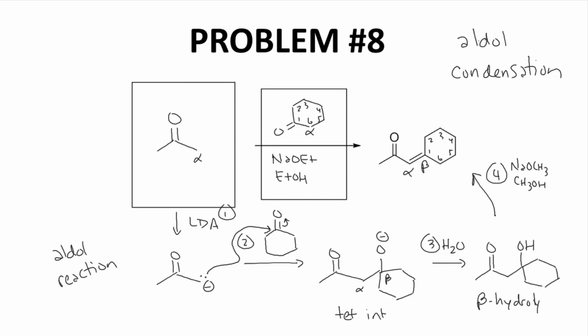So this is a real exception. Okay, this answer at the bottom, this looks different. Step 1, LDA. Then step 2, add the ketone. Step 3, protonate things. And then step 4, treat it with a moderate base. That's very different from what we drew up here. This is an exception. The reason this is an exception is because we're trying to form an enolate from one carbonyl compound, and we need to avoid forming the enolate from the other carbonyl compound.